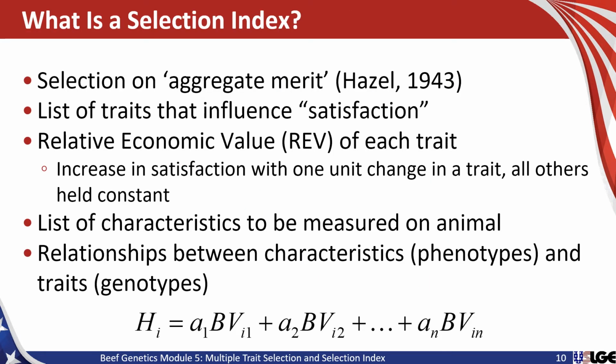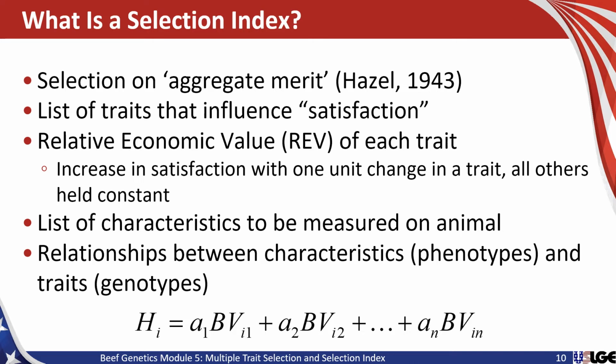So what is a selection index? You can think of it as selection on aggregate merit as first defined by Hazel in his landmark paper in 1943. And it's a list of traits that influence satisfaction, which we've come to think of as influencing net profit at the commercial cow-calf level.